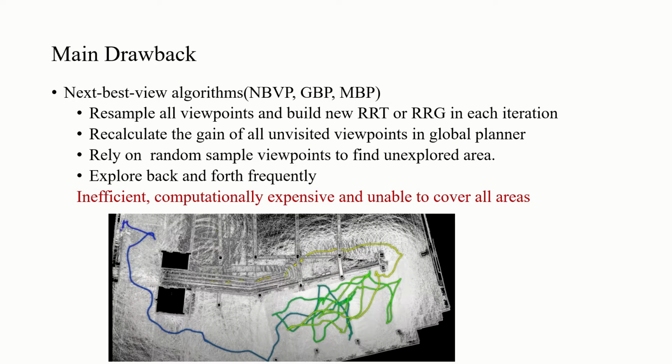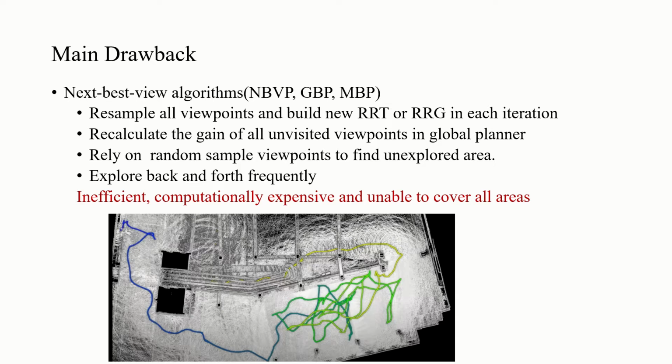Third, most of these methods depend on randomly sampled viewpoints to find unexplored areas. This is not reliable, especially when there are narrow openings. If the RRT or RRG cannot expand into those areas, then the exploration will ignore them. The last drawback is the back and forth behaviors like the figure shows. This happens a lot and decreases the overall efficiency.